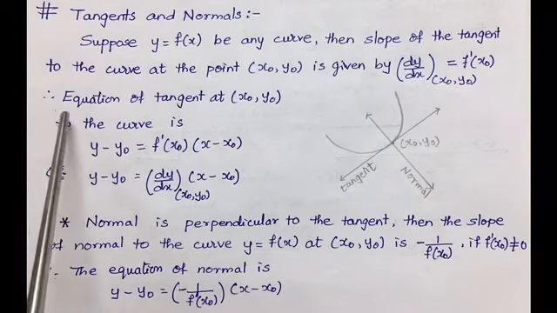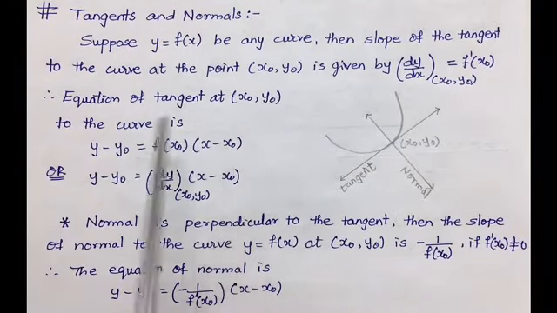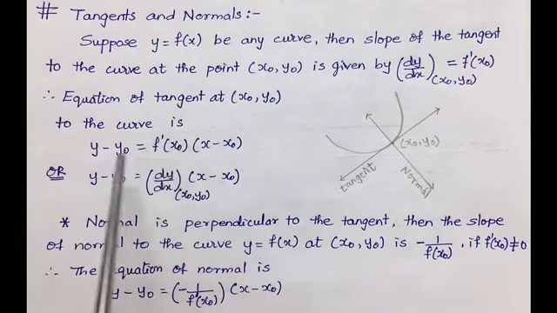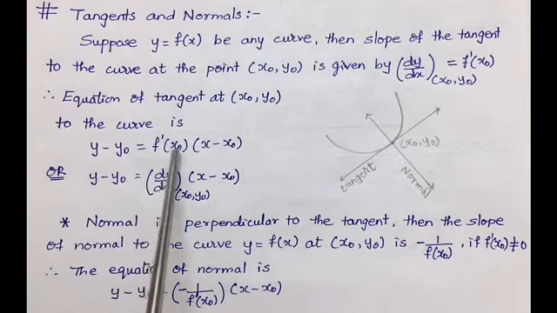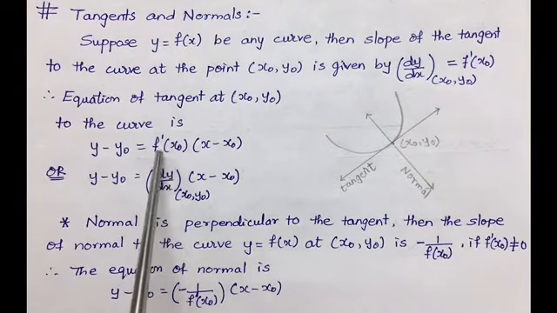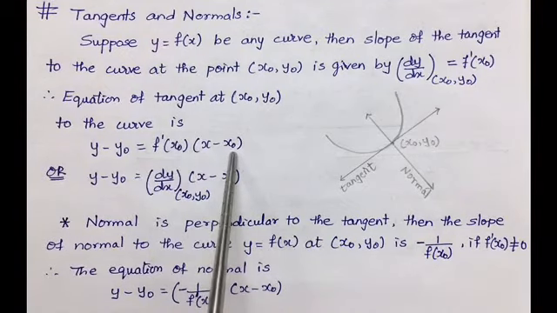The equation of the tangent at the point (x0, y0) to the curve is y minus y0 equal to the slope, that is f'(x0), into (x minus x0).